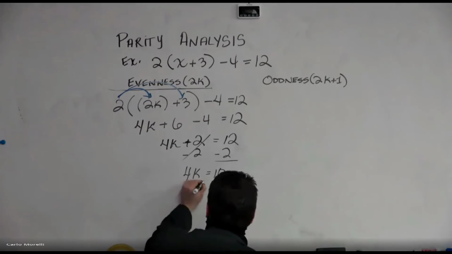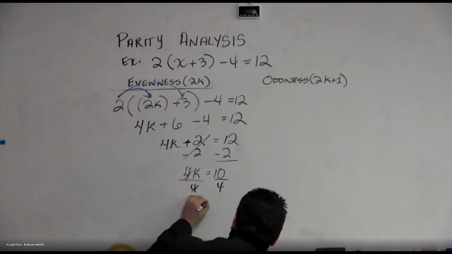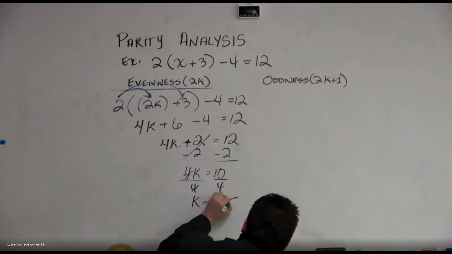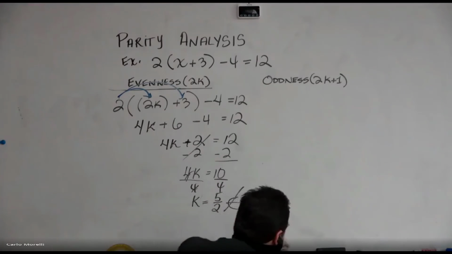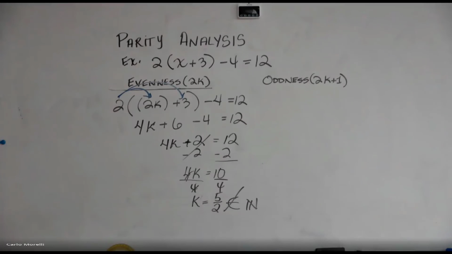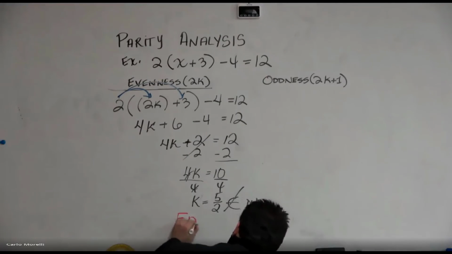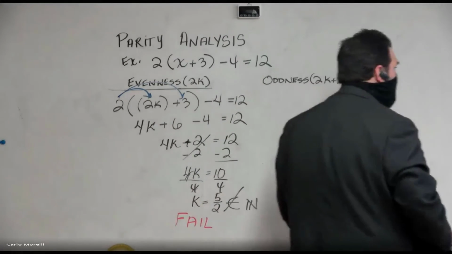Okay? Divide both sides by 4. That's 5 over 2. That is not an element of the integers. So this fails. So all we know right now is that x is not an even integer.